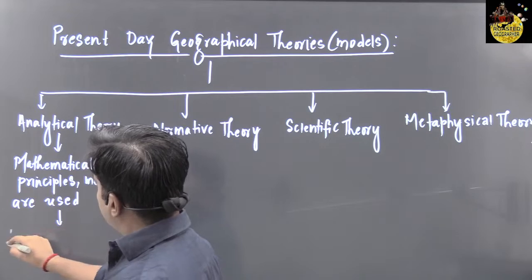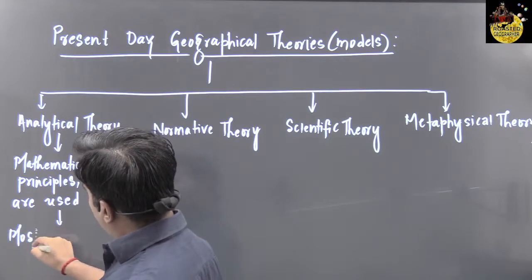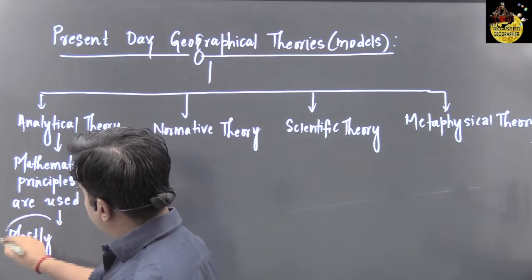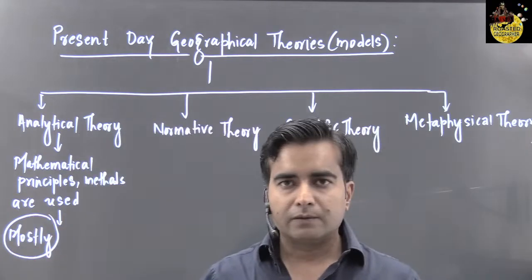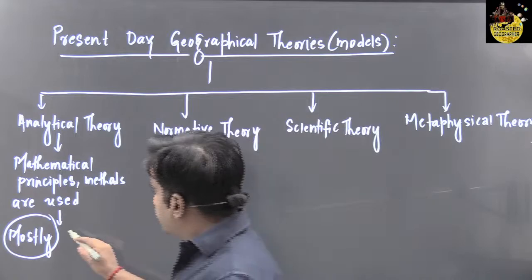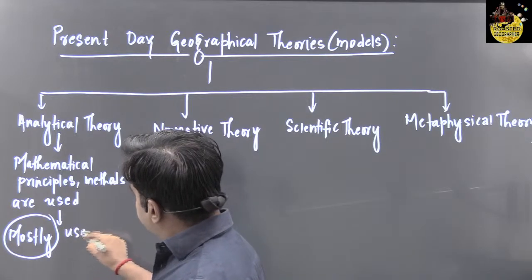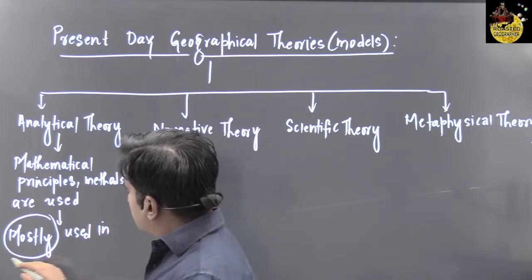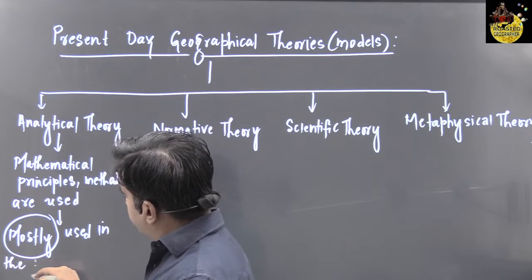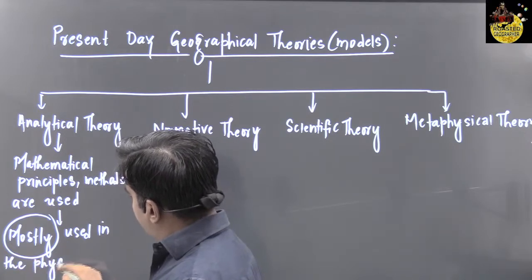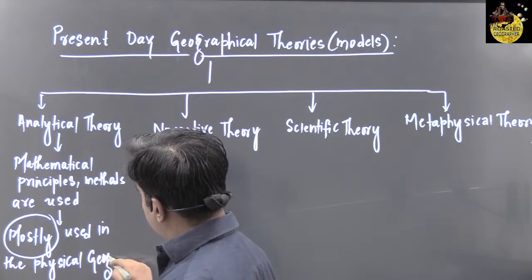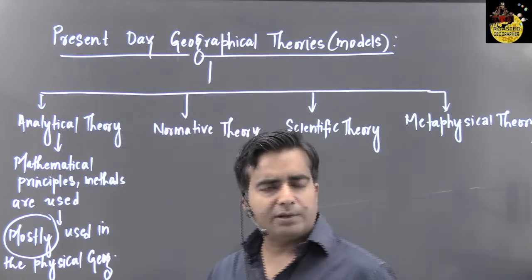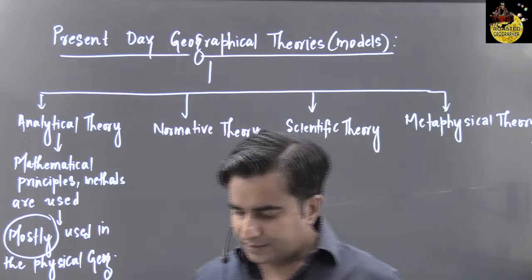Now again I am writing mostly; this word is very important. There is a big difference between all and most. So mostly used in the physical geography. The top usage, if seen, is physical geography where it is implemented, though it can be used anywhere, like I said.